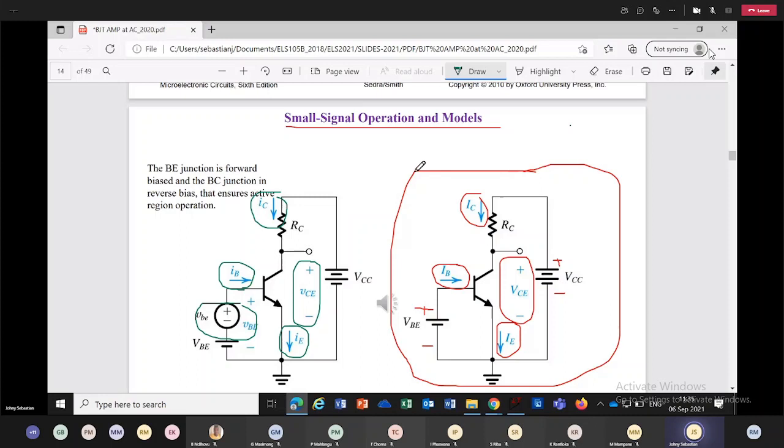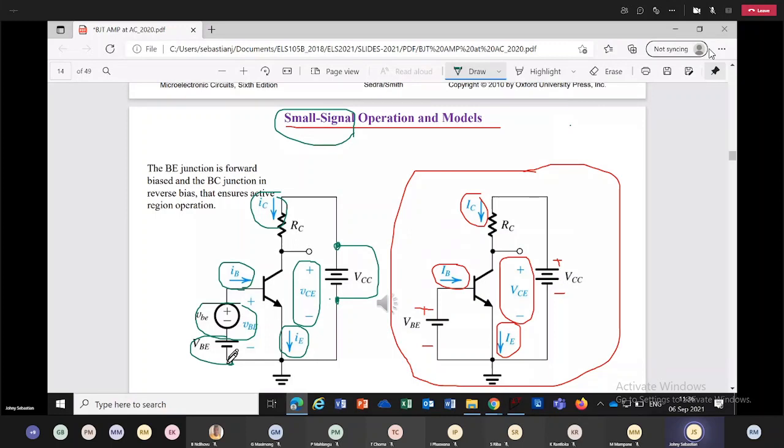Okay, the small signal operation basically, what we are going to do is, from this diagram, assume that you are going to short circuit that battery, and you're going to short circuit this battery.